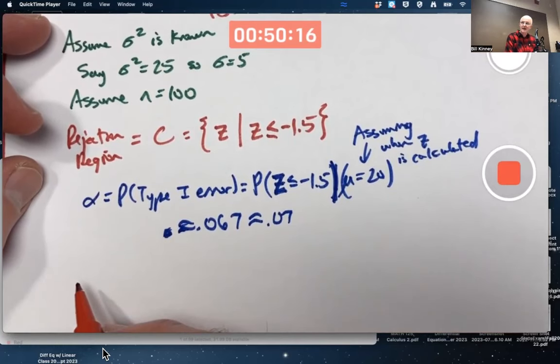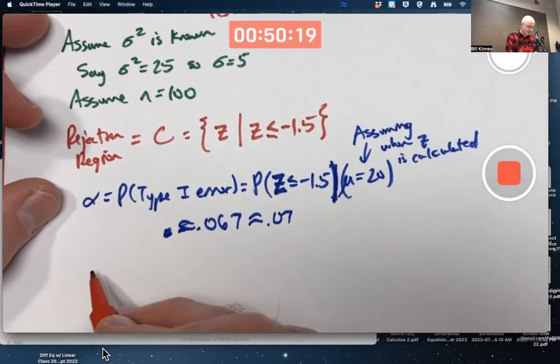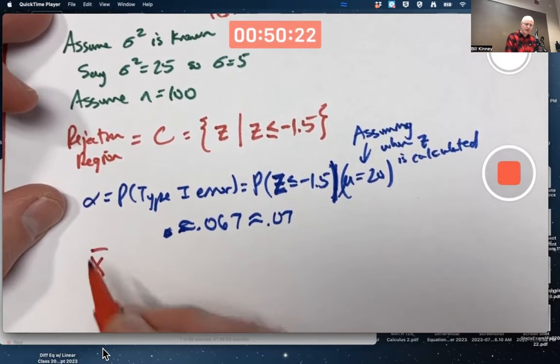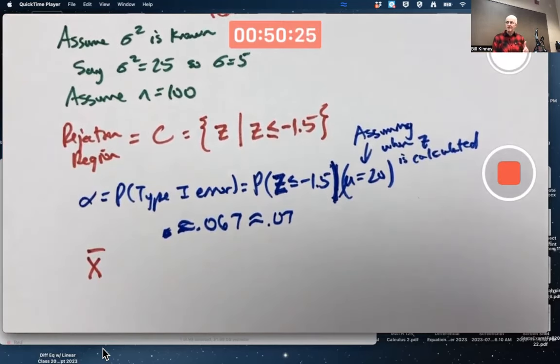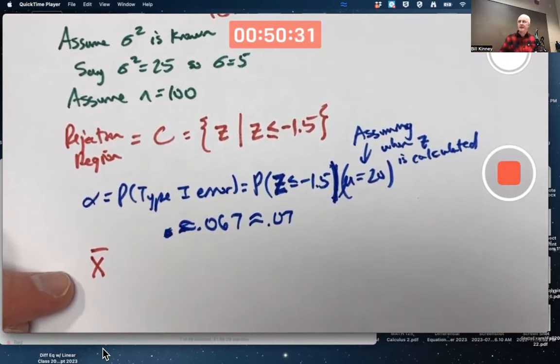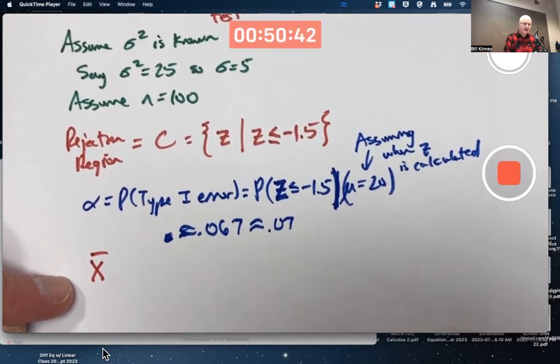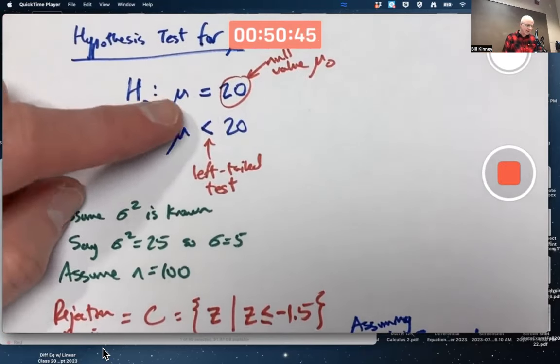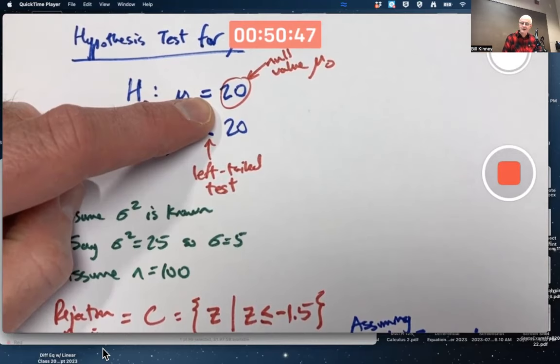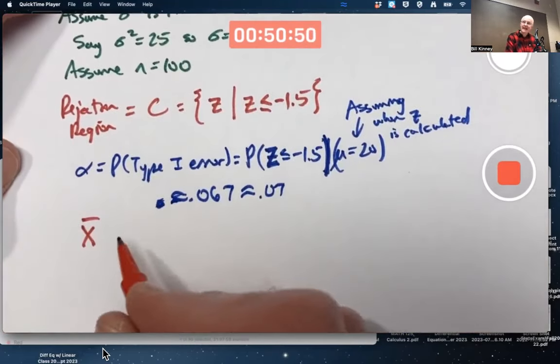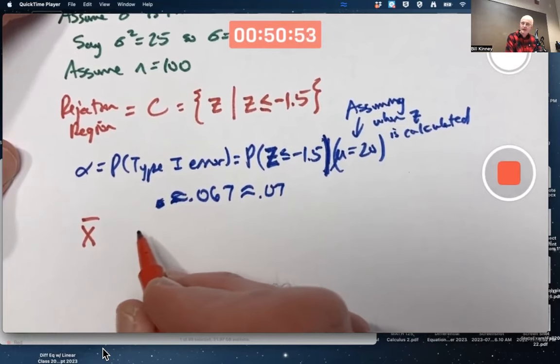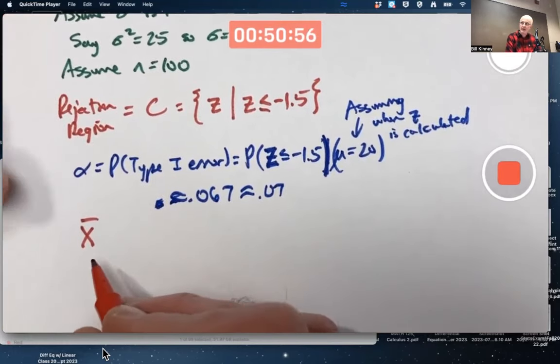You have to have a value of X bar. Let me write it as a capital X bar initially, but then we'll ultimately plug in a number and write it as a little x bar. We know that if we are sampling from a normal distribution, by the cornerstone theorem, X bar will be normal as well. And if we're assuming that the mean of the population is truly 20, I could standardize this by subtracting that mean of 20 and dividing by the standard deviation of the sampling distribution of X bar.